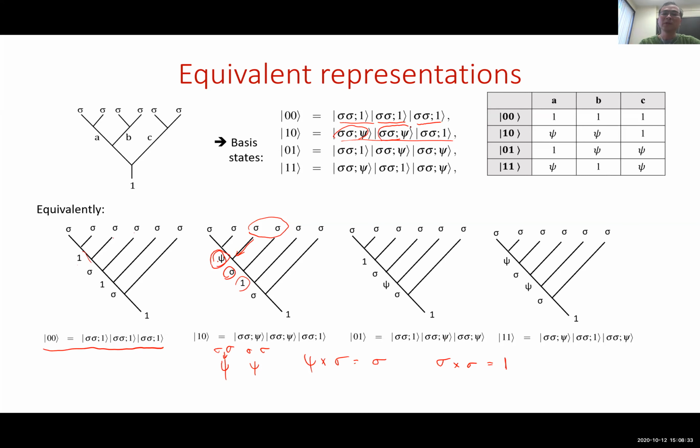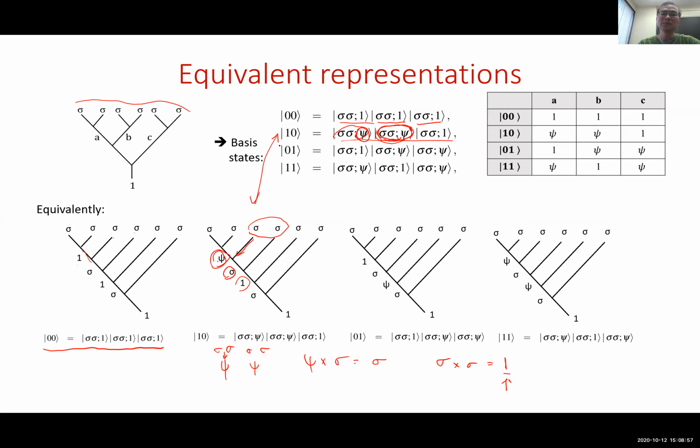But because the second pair in the original way of fusion, it fused to psi, the first one has a product psi, so therefore it has to fuse to 1 here. Okay, so these two are in fact equivalent.